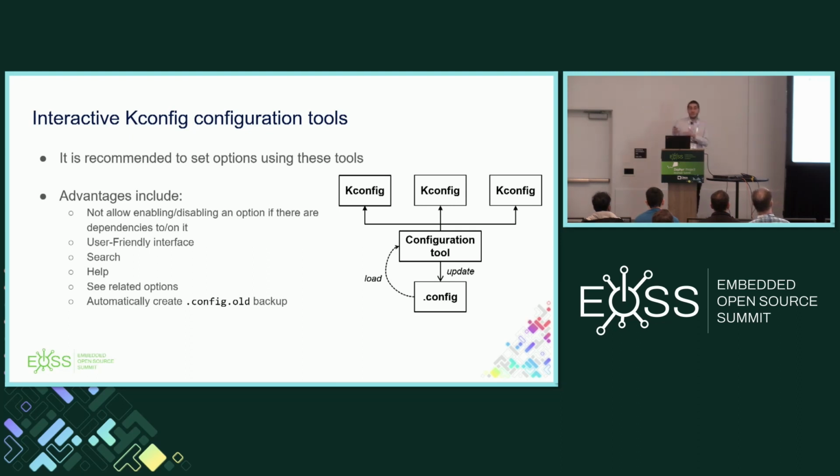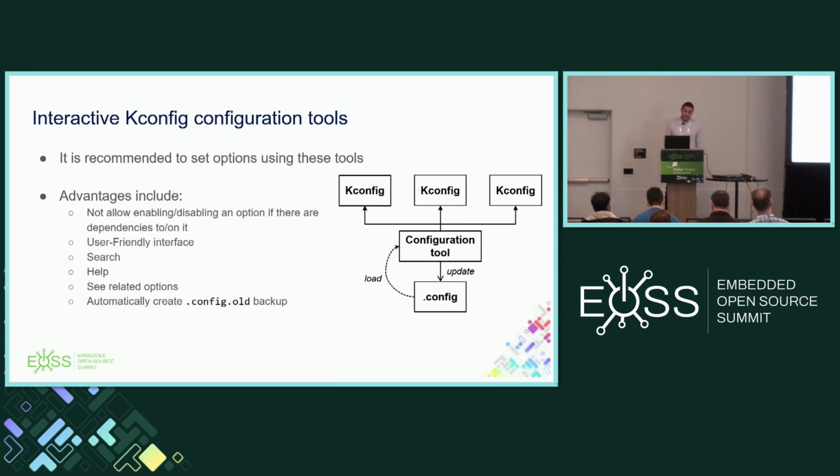In order to make it work, first you have to enable the dependency, or it's going to automatically force it. So either it's going to let you do this or not. Another example: I want to enable Wi-Fi on a board that doesn't have Wi-Fi. It's going to stop you from doing this.